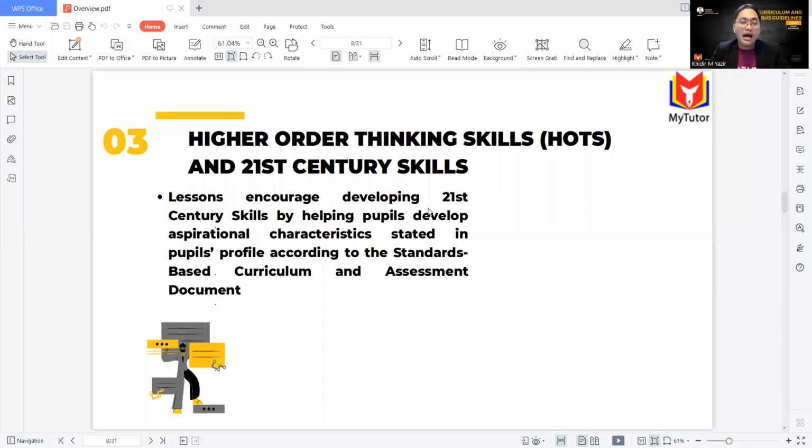Number 3, high order thinking skills, or HOTS, and 21st century skills. So pupils have frequent opportunities to develop HOTS and 21st century skills as they learn English in Form 4 and Form 5. Lessons encourage developing 21st century skills by helping pupils develop aspirational characteristics stated in pupils' profile according to the standard-based curriculum and assessment document, also known as the DSKP.